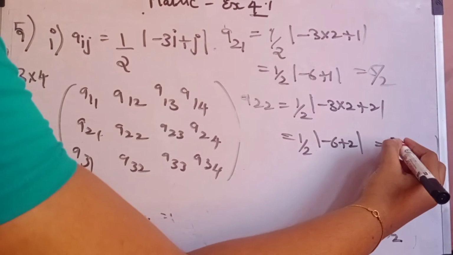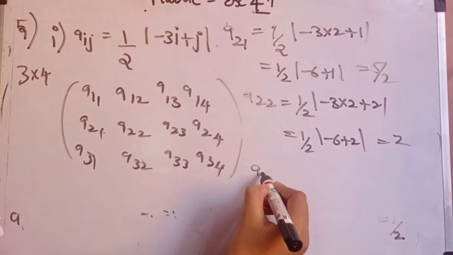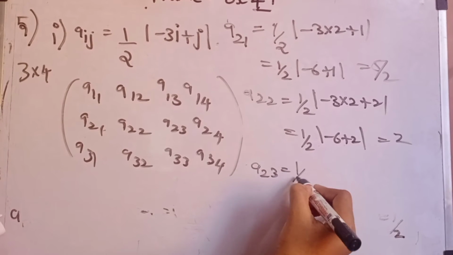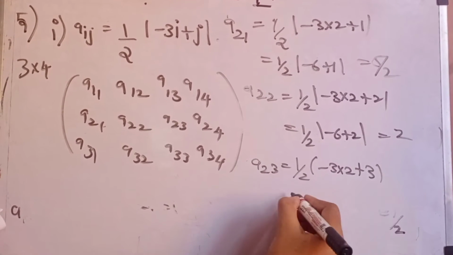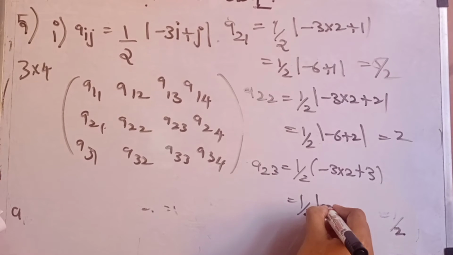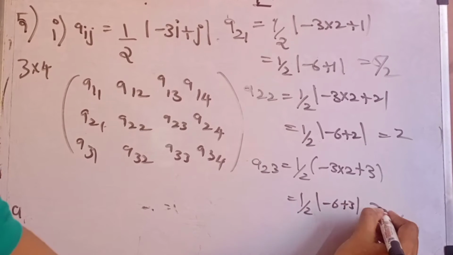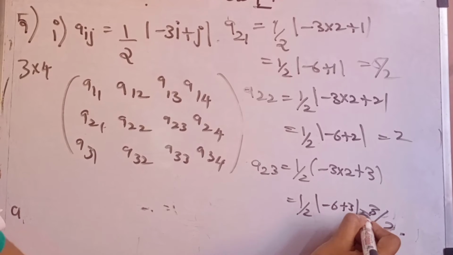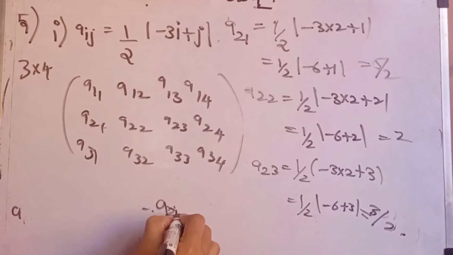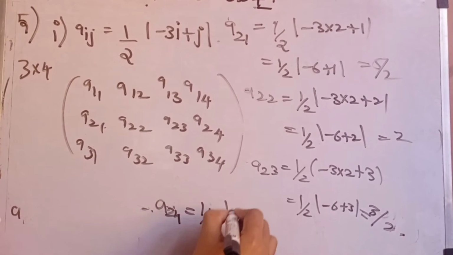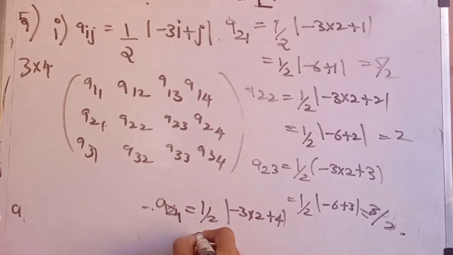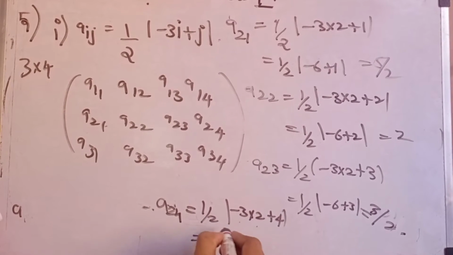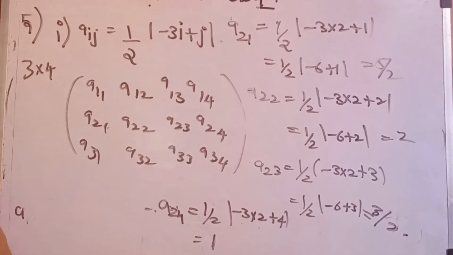What will you get? 4 by 2 is 2. A23 is 1 by 2 minus 3 into 2 plus 3, so 1 by 2 minus 6 plus 3 is 3 by 2, right? A24 is 1 by 2 minus 3 into 2 plus 4, so minus 6 plus 4, 2, so 1 you will get.